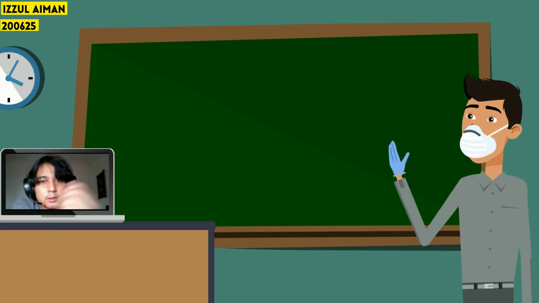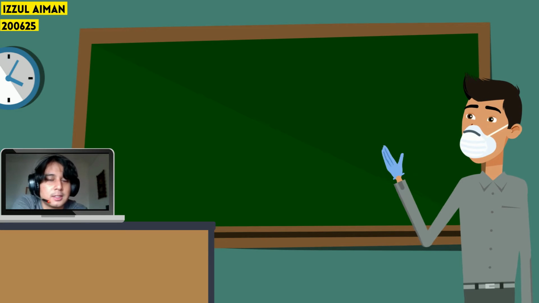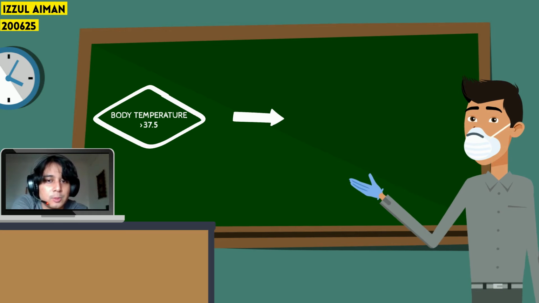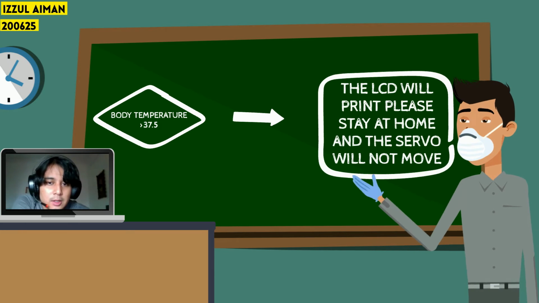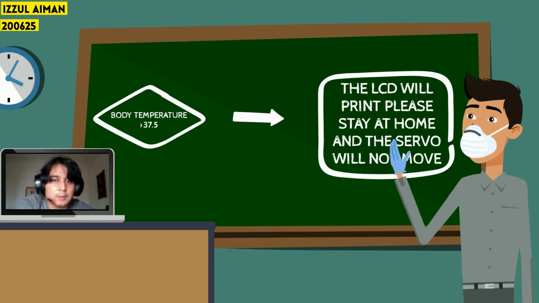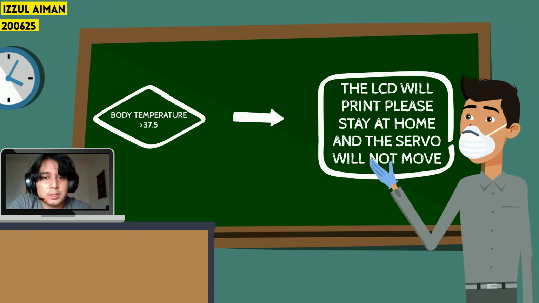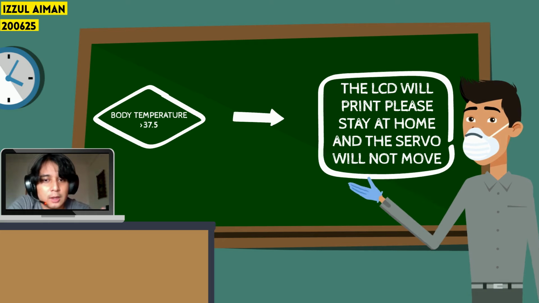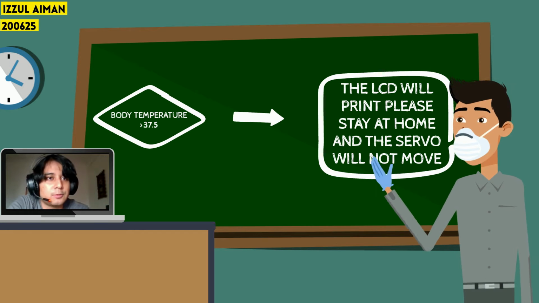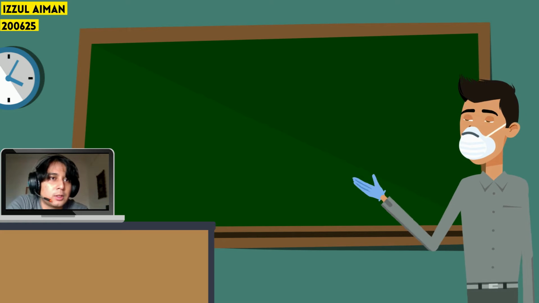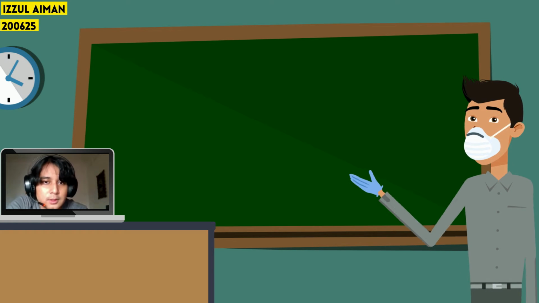So we go with the first decision. The first decision will lead to an outcome where the LCD will show on the screen, stay at home, and the servo will not move, which means the door will stay closed.